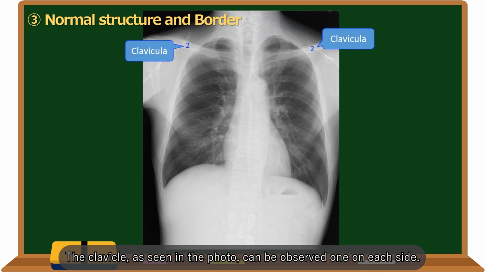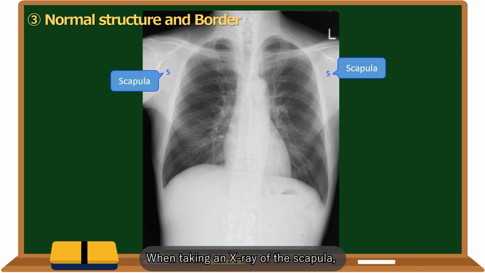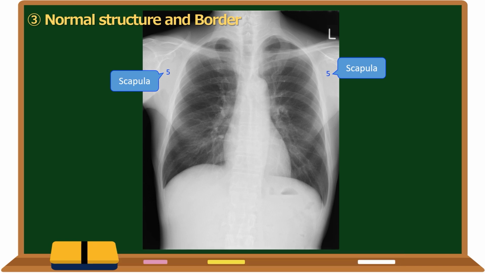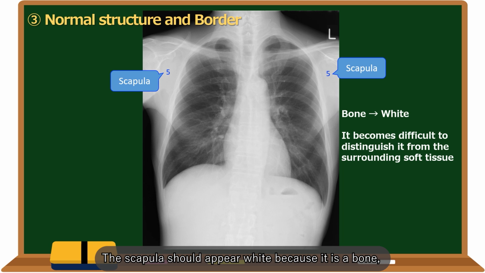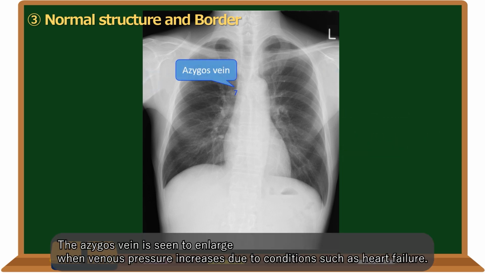The clavicle, as seen in the photo, can be observed one on each side. When taking an X-ray of the scapula, care is taken to ensure that it does not overlap with the lung field. The scapula should appear white because it is a bone, but it becomes difficult to distinguish it from the surrounding soft tissue. The azygous vein is seen to enlarge when venous pressure increases due to conditions such as heart failure.